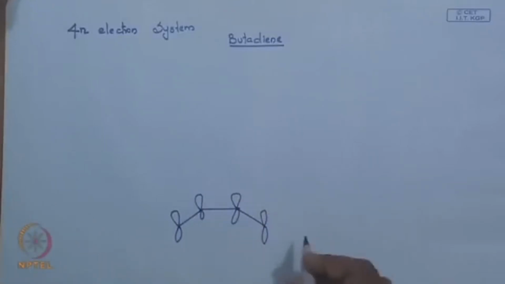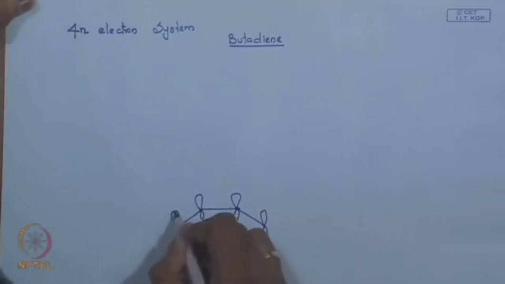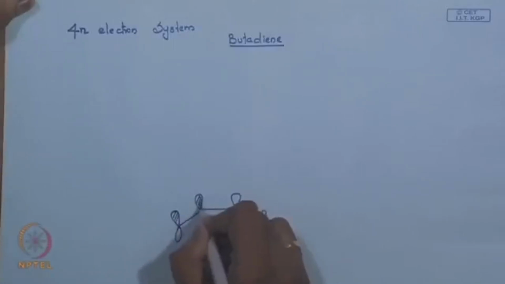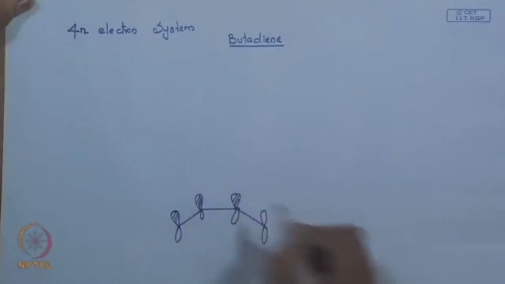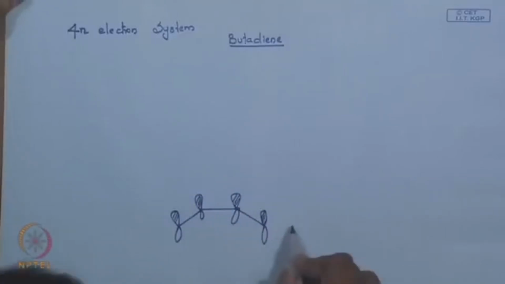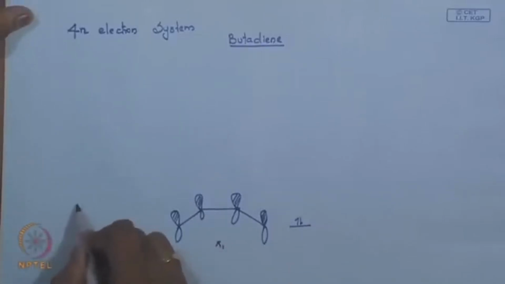Fine. So, this is your, we can call it as pi 1, that is your bonding.